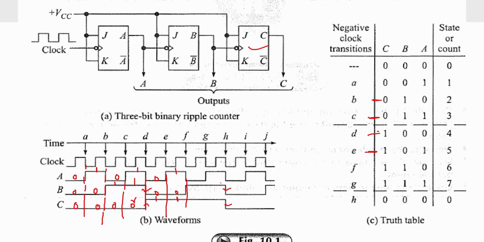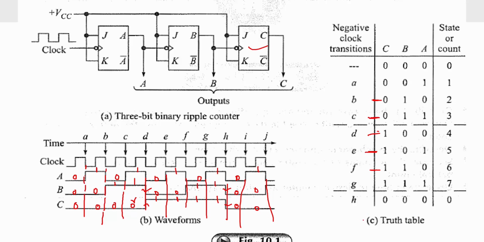And in the next clock pulse, 1, 1, 0. And in the next clock pulse, this is full of 1, 1, 1, 1. Okay, and in the next clock pulse, after this 8th pattern 1, 1, 1, see this case, here it is again full of 0, 0, 0, and after that this is 0, 0, 1.